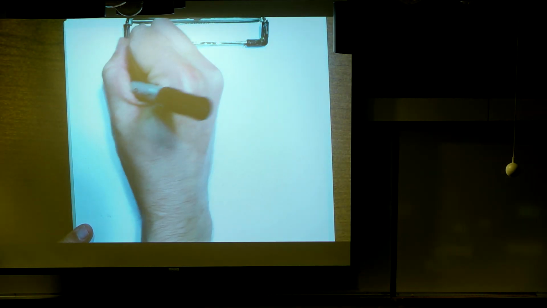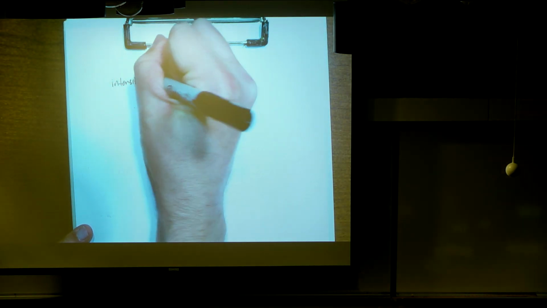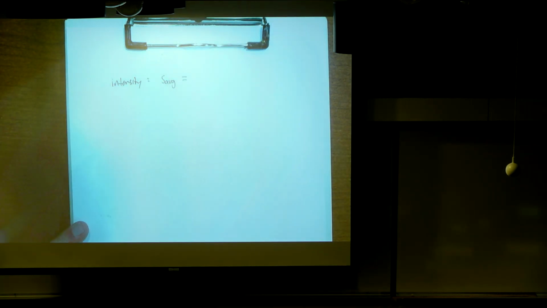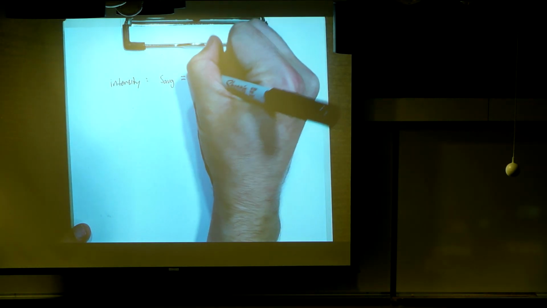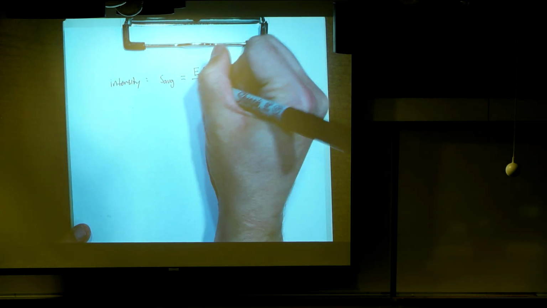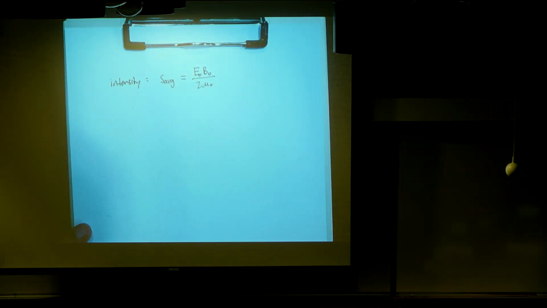So let's do this. When we're given the intensity, remember that's referring to the average value of our Poynting vector. That's what it means. And as we just derived, that's E naught times B naught divided by 2 times mu naught.